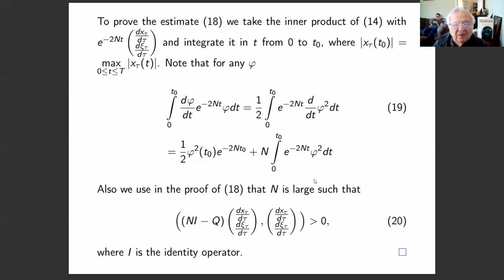Now some explanation about the proof. How to prove this estimate? You multiply the equation by e minus 2nt, dx tau d tau, integrating in t from 0 to t0, where t0 is the maximum in t.